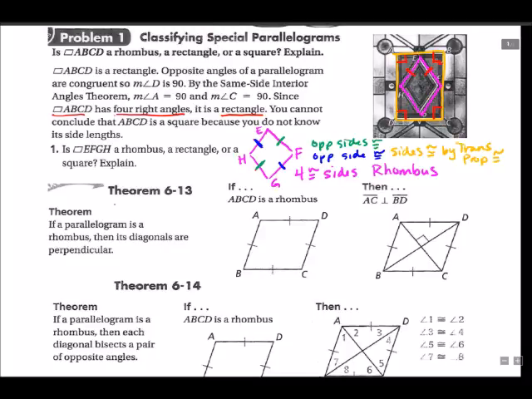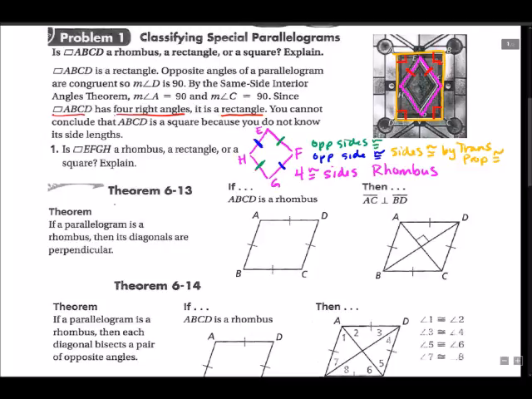We wanted to know, is parallelogram EFGH a rhombus, rectangle, or square? So I drew my EFGH here, and we were given that these two sides were congruent. And what do we know about parallelograms? Well, we know that opposite sides are congruent.